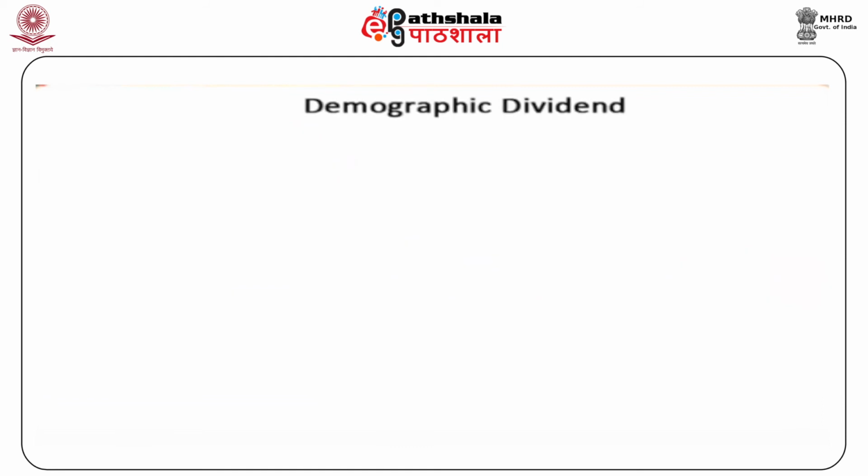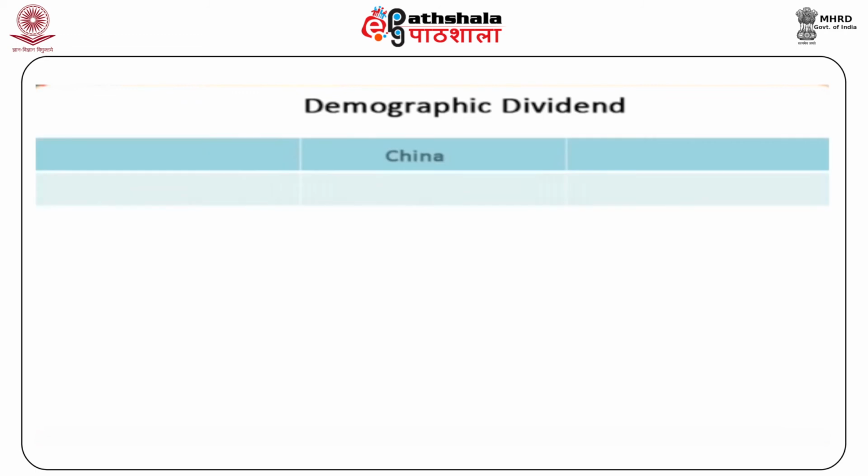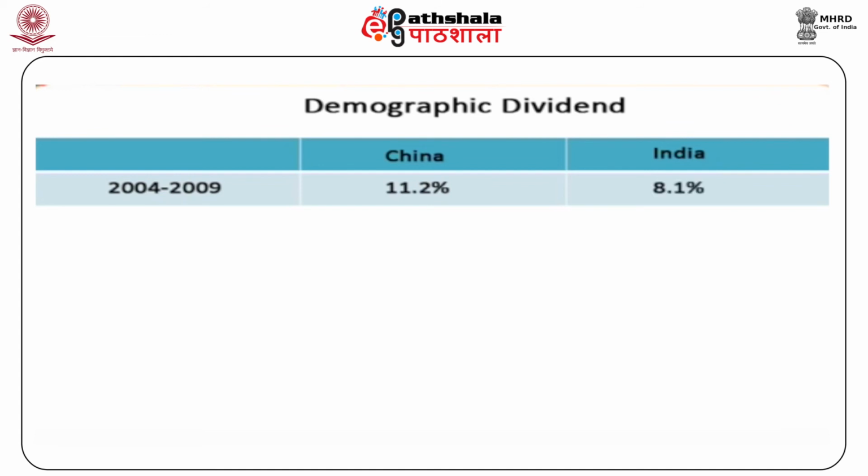The different demographic trends have important implications for China and India. China's economy has been enjoying a demographic dividend, growing at an annual average of 11.2% between 2004 and 2009 in real terms, higher than 8.1% in India.